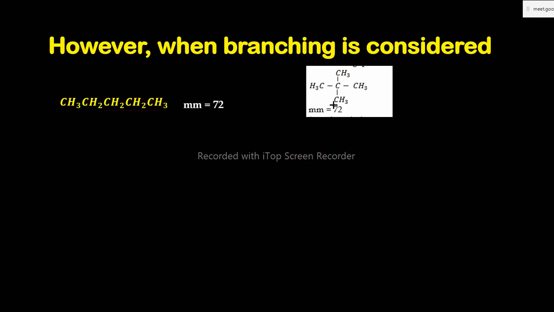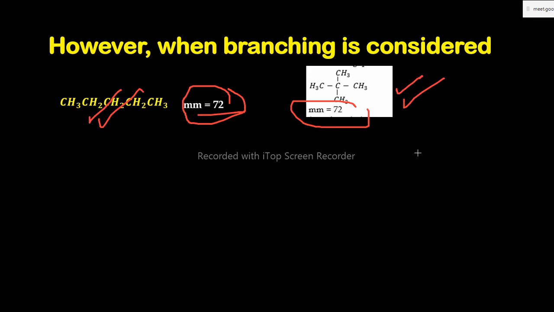So 2,2-dimethylpropane and N-pentane have the same molecular formula and molecular mass. You can see 72, 72. But surprisingly, this one boils at a relatively higher temperature than this.